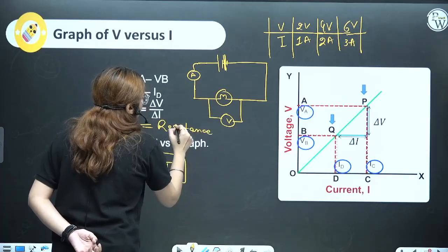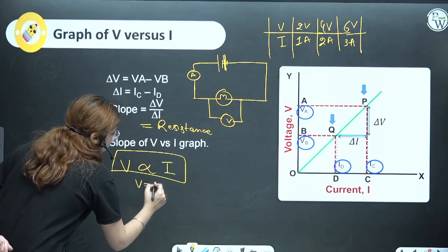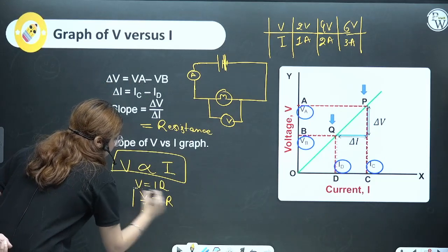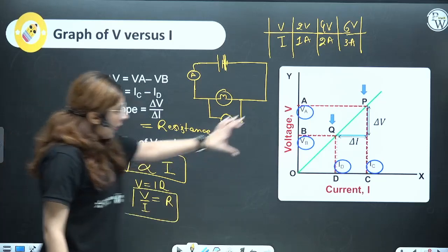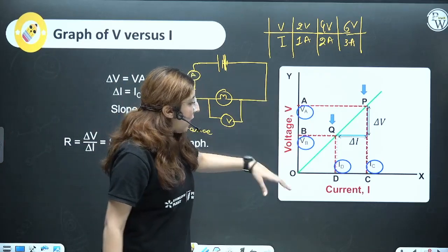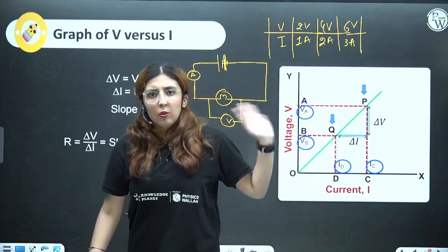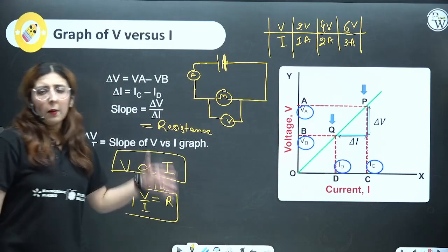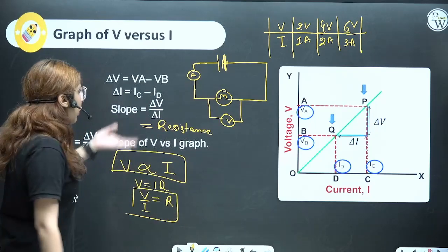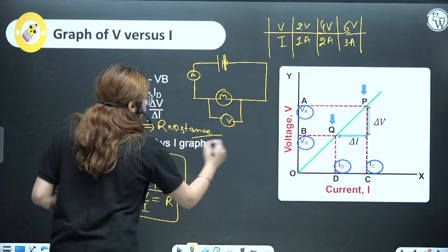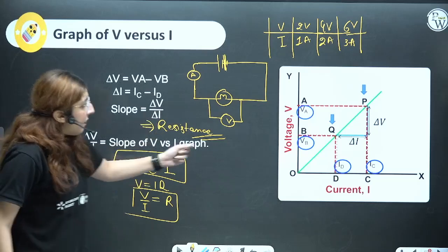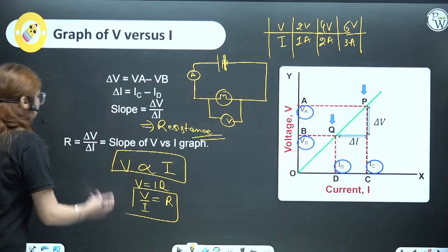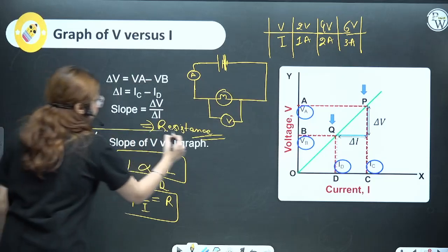Because V is equal to IR, so resistance is V by I. If I take the voltage value and the current value, y by x, perpendicular by base, the slope is going to give me resistance. So difference in the voltage by difference in the current will give you resistance.